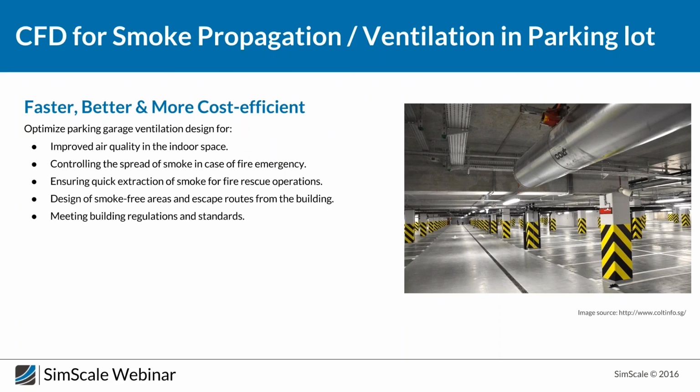Also, when such an emergency happens, while it is ongoing, we have to provide certain areas that are safe for the people who are inside the garage. So, for example, certain pathways that they can use to evacuate the garage, or certain areas that are safer in terms of the smoke and heat, where they could gather.